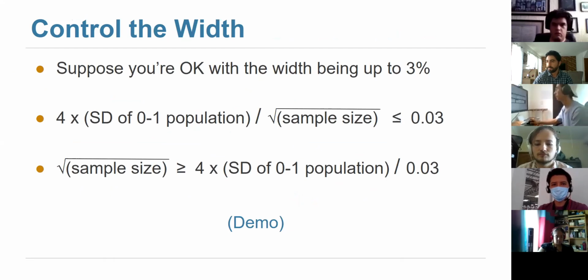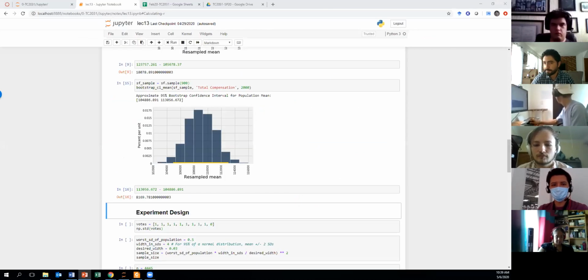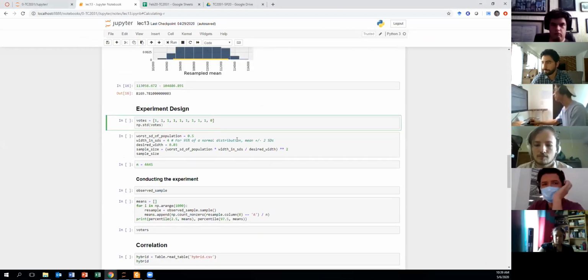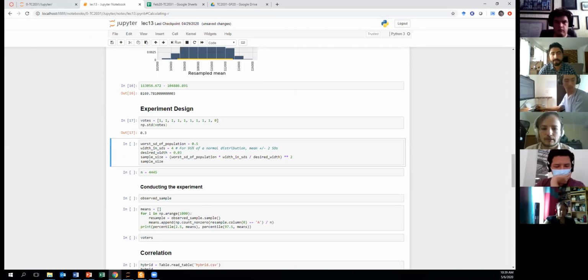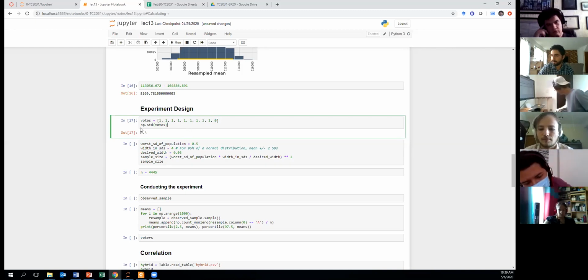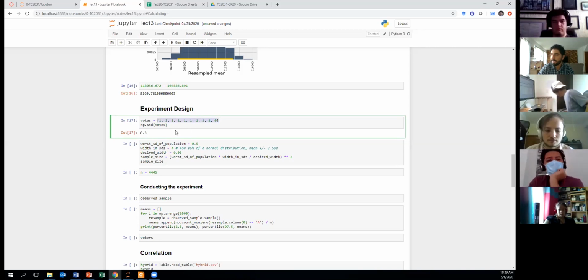Okay, let me show you something before telling this. Look at this here. So imagine this is my voters, and for example, 9 people are going to vote for candidate A, 1 is not going to vote for candidate A, going to vote for candidate B. If I calculate the standard deviation for this population, I'm going to get 0.3.